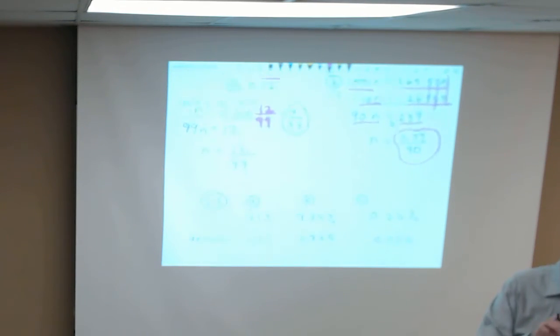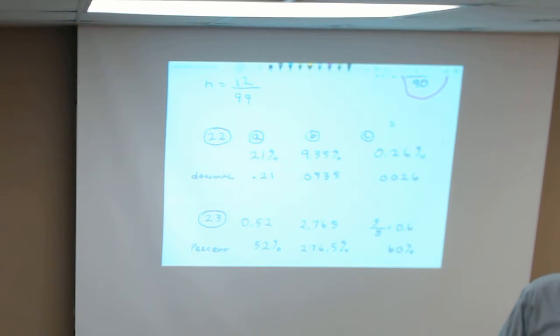Okay, number 22. What do they want for 22? Write the following as decimals. Okay, do you know how to change a percent to a decimal? See, what this really says is this is really 21.0%. You follow that? There's no decimal point there, so if you put one there, it would be right there.